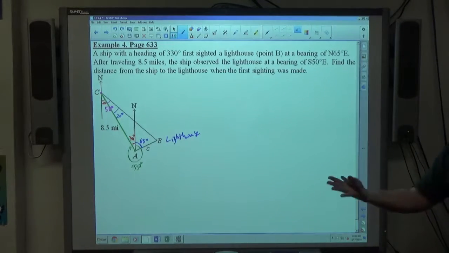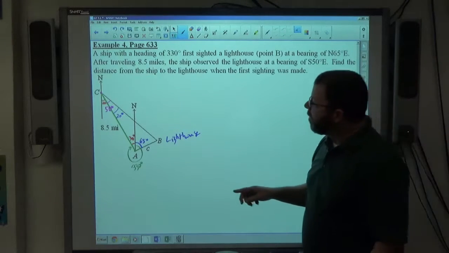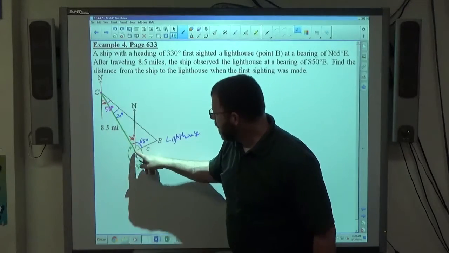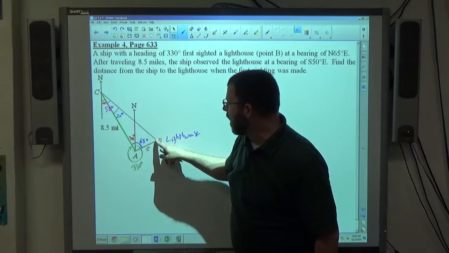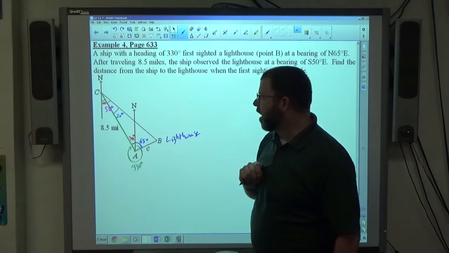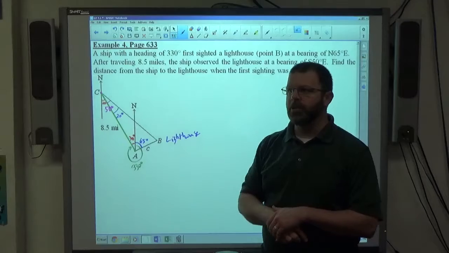So there's a lot of addition and subtraction of angles in order to find a missing angle going on. With this in mind, notice that we have this triangle ABC involving the ship's path and the line of sight to the lighthouse from both locations the ship was at. In that ABC triangle, we have angle-side-angle, which is enough information to use the law of sines.